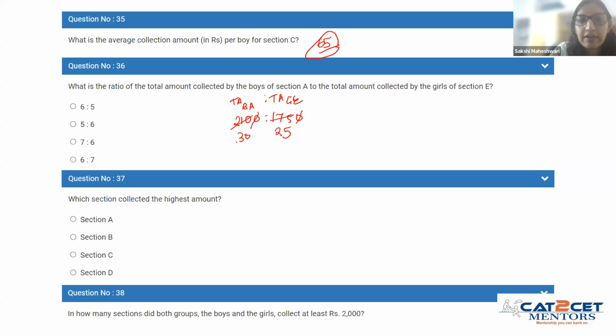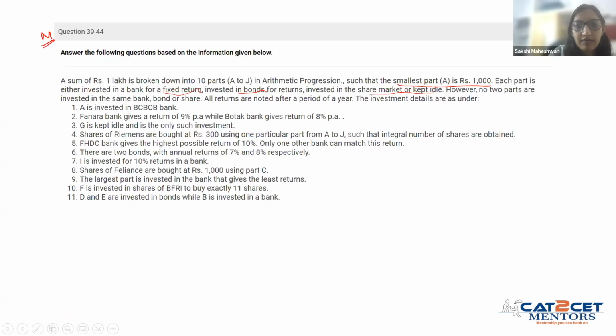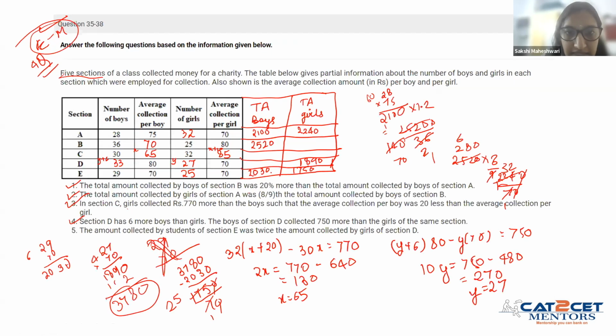Or let's divide by 5. So this is 6 is to 5. So I think you'll need to find the sum of all these to identify which section collected the highest amount. So see, you can easily eliminate, for example, section E, because section A is greater in both the terms. Let's calculate all the individual amounts and we can eliminate based on this.